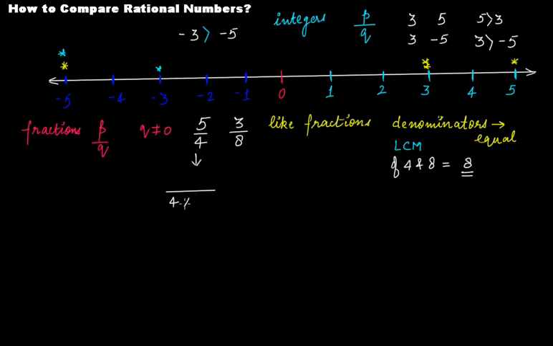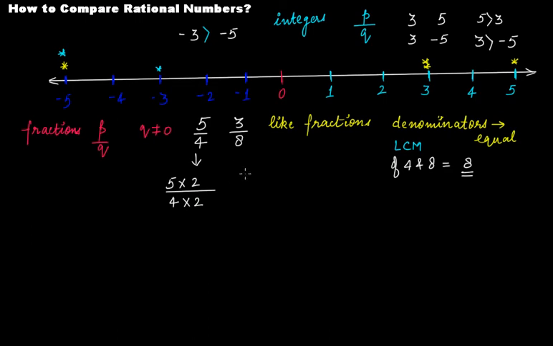Clearly, if I multiply this 4 with 2, the denominator will become 8, right? Since we have multiplied the denominator with 2, we also have to multiply the numerator with 2, because we are making these two fractions like fractions, and this will be an equivalent fraction of 5/4.